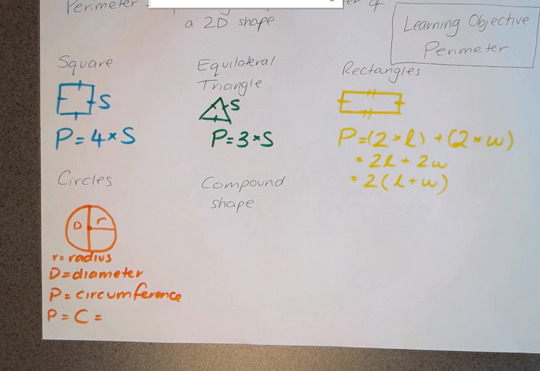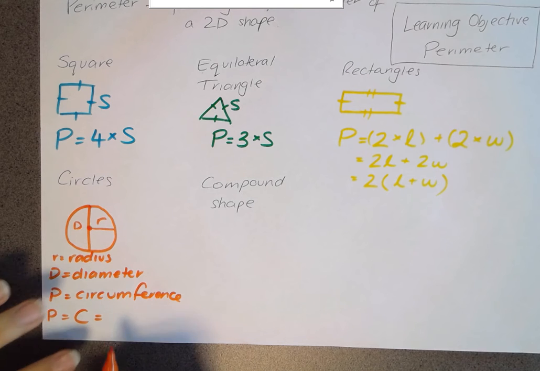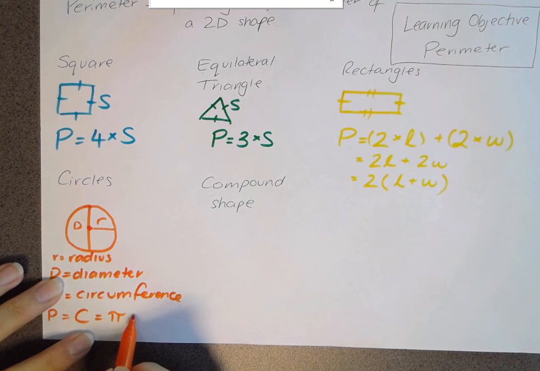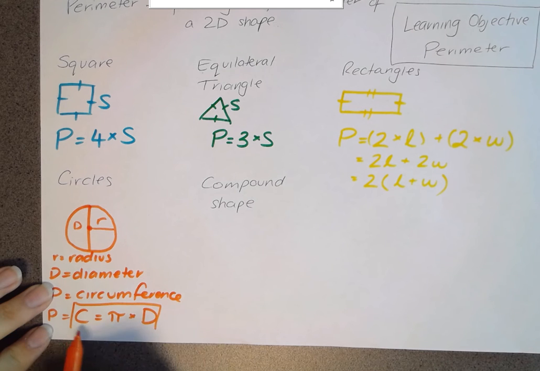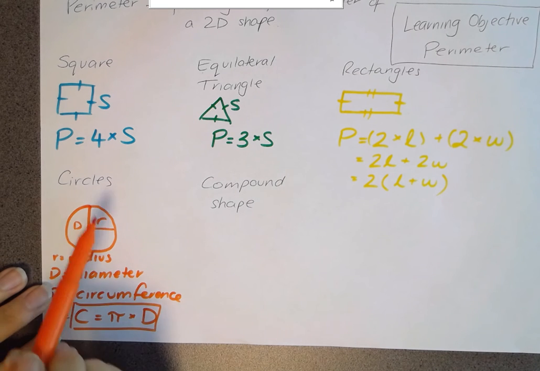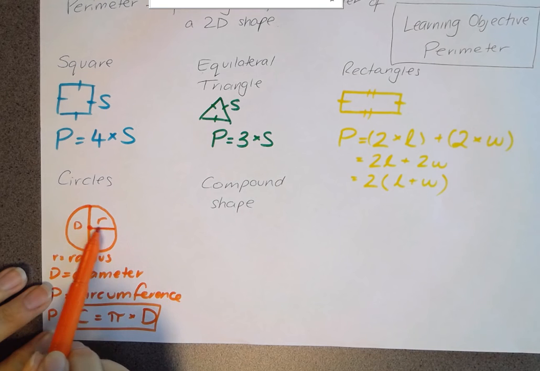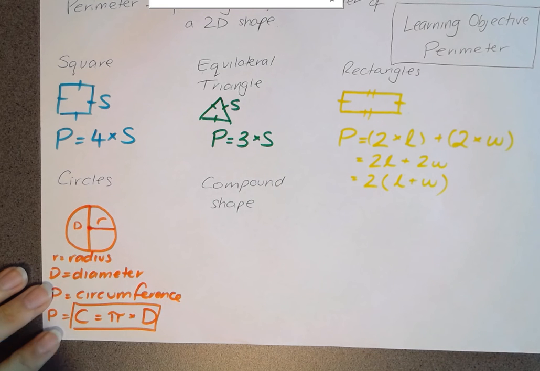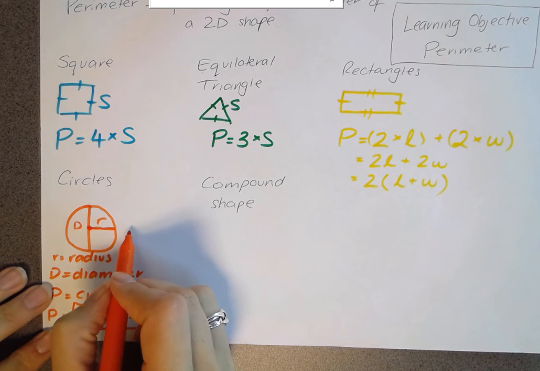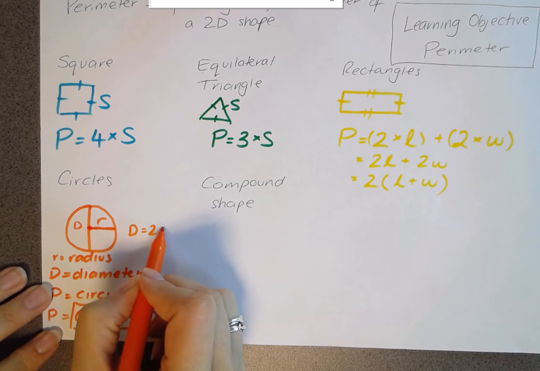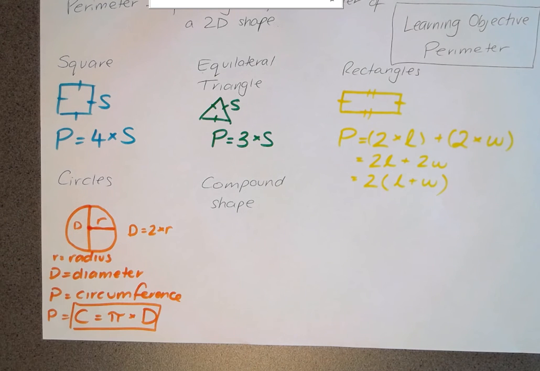So the circumference of a circle is equal to pi times D. Pi D. Now that is going to get a bit complicated, because every time we give you a circle, we might just give you this radius. But look very carefully, this radius is half the diameter. So diameter equals 2 times the radius. Again, these are not new ideas, guys, but it's good to have a refresher.